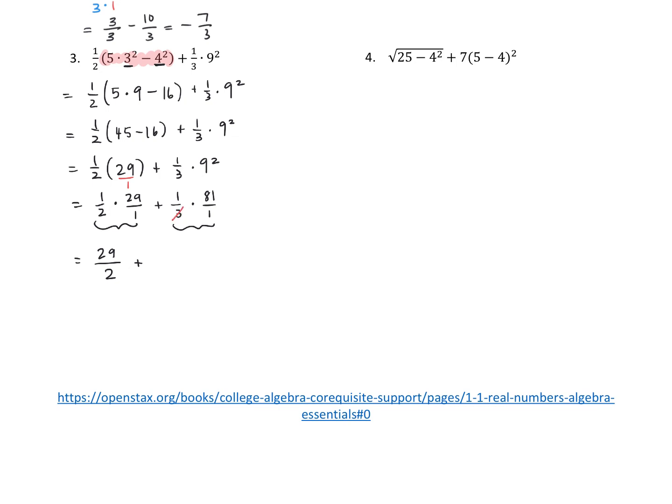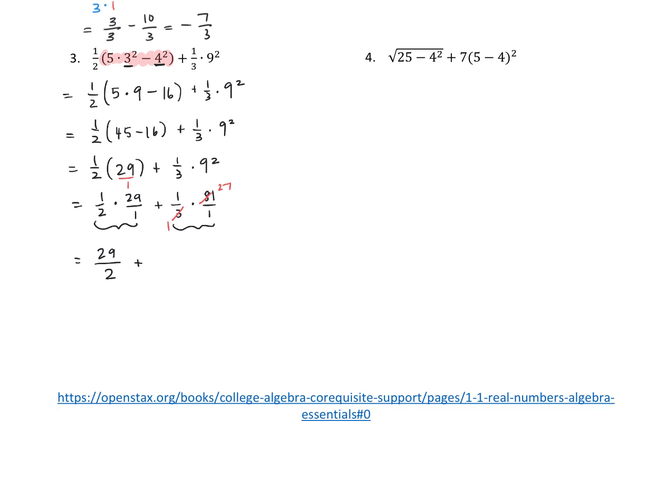So 3 divided by 3 is 1, and 81 divided by 3 is 27. So I've divided a number from the top and a number from the bottom by a common factor. I divided them both by 3.